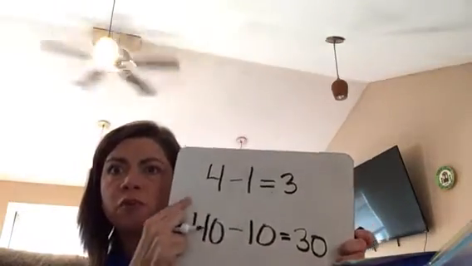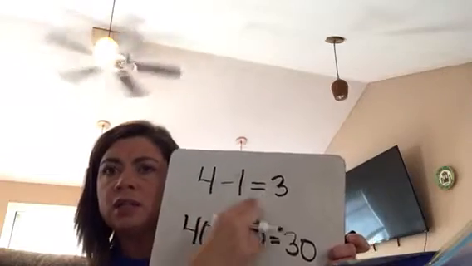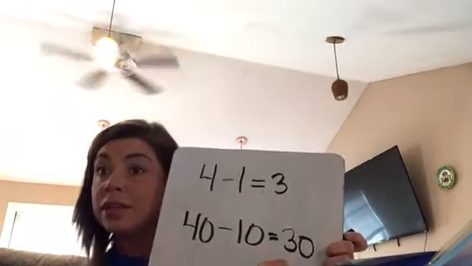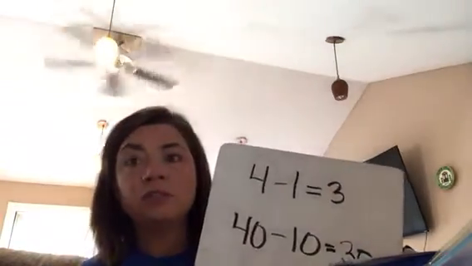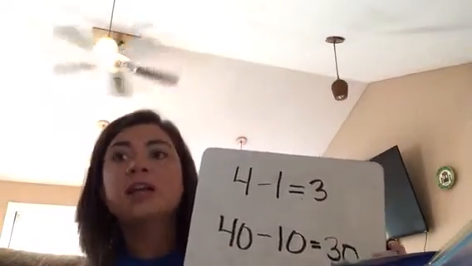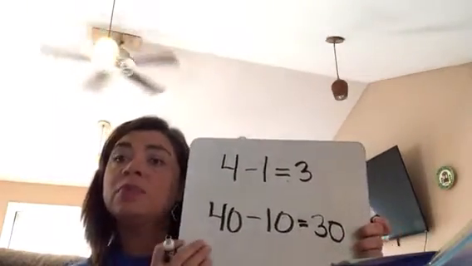So 4 ones, 4 tens, 1 one, 1 ten, 3 ones, 3 tens. Now, are we finished? Nope. Did we use our place value blocks? No, we did not. So let's take a look at how we can show this using place value blocks.